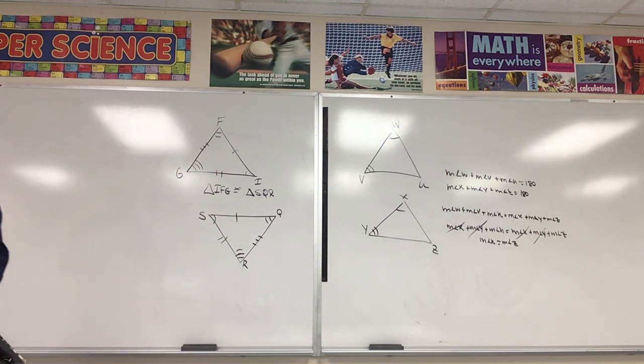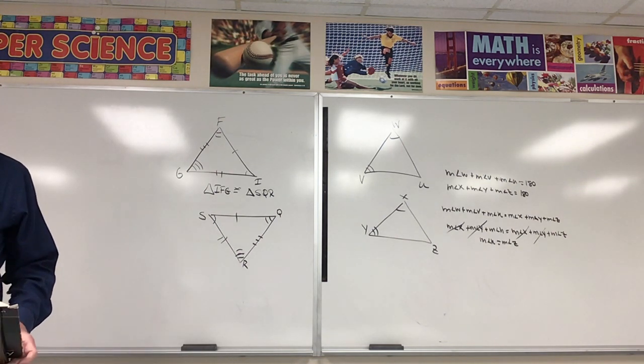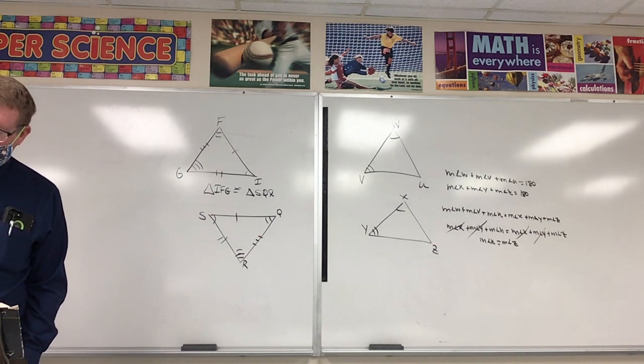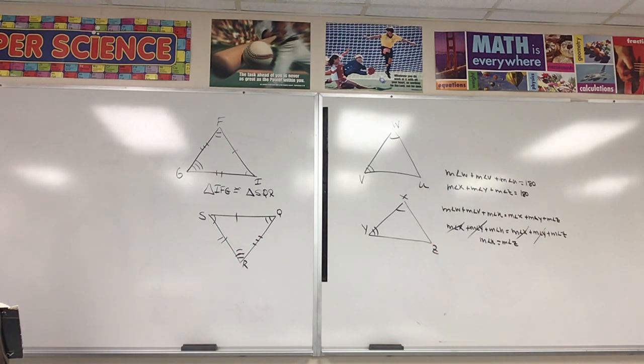So let's look at page 221. Everybody look at page 221. Number one, complete the following statements. We got triangle QXR is congruent to triangle NYC.